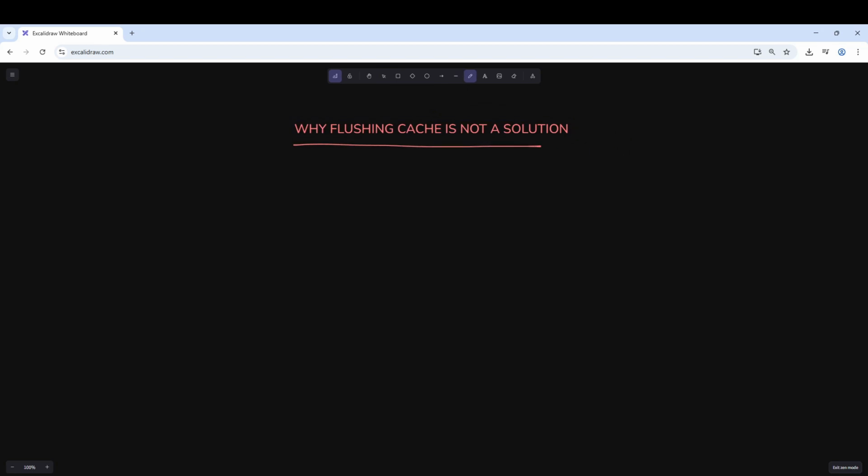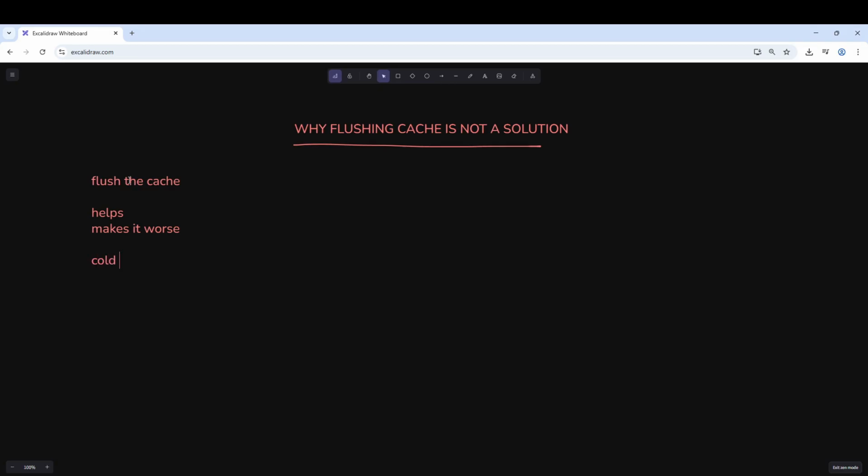Why flushing the cache is not a solution here. Someone on the team says, let's just flush the cache. That feels right. Sometimes it definitely helps. Sometimes it makes it worse.